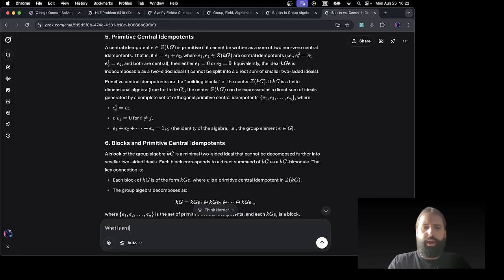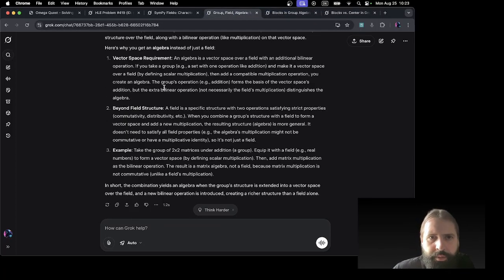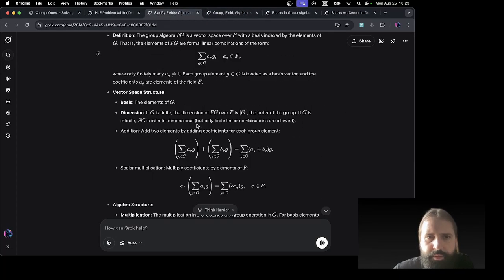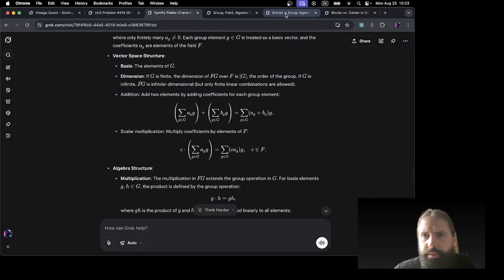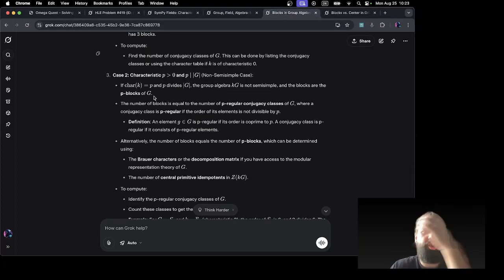What is an ideal or two-sided ideal in this context? But essentially, if so, the blocks are the p-blocks of G. What are the p-blocks of G?